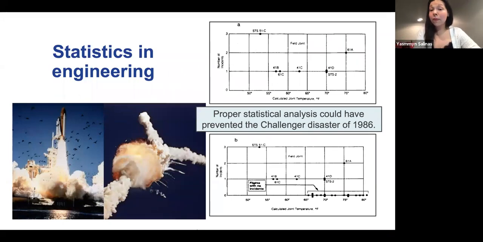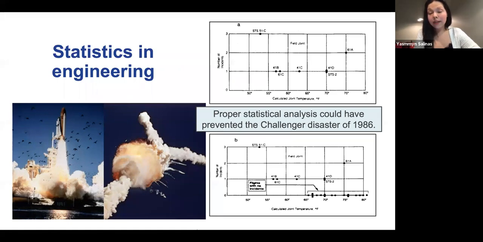In 1986, there was a really terrible accident with a space shuttle called the Challenger. We can see the Challenger exploding here in this picture. It exploded only 73 seconds after launch, killing the 7 astronauts on board.